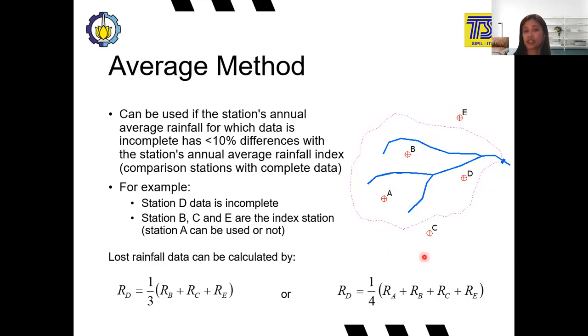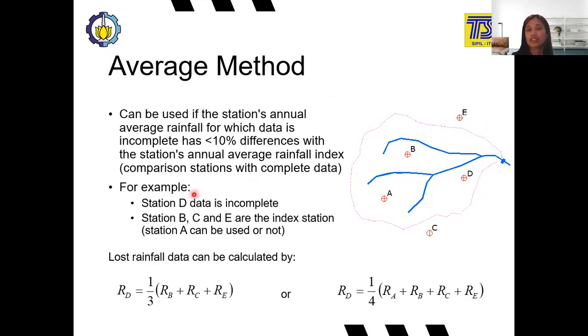Here we have 5 stations. It is also okay if you only use the 3 stations inside the watershed, but the more stations that we use, the more accurate the calculation that we will get.